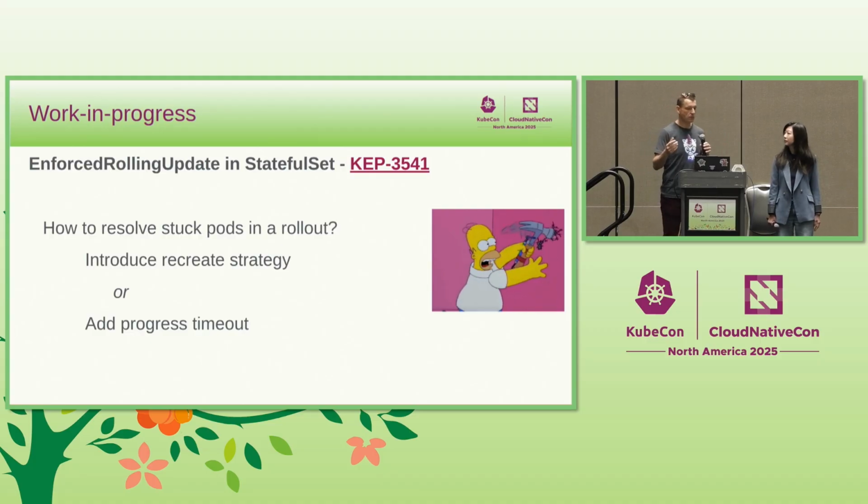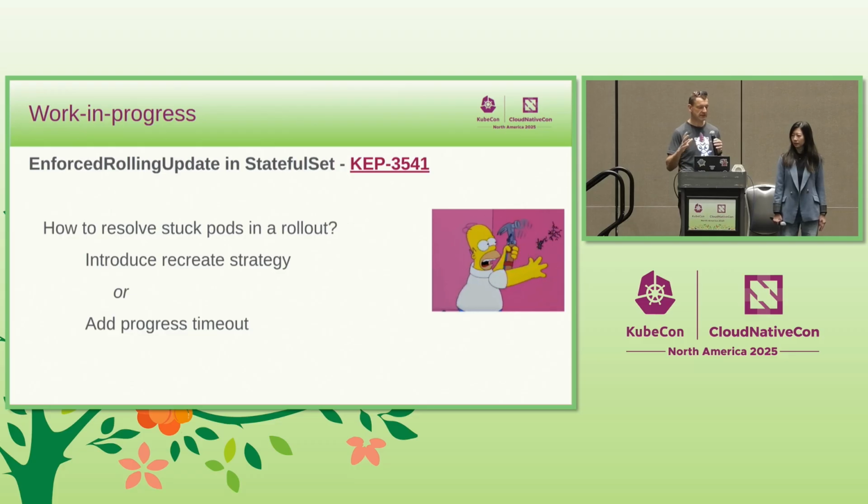One of the main reasons behind the stateful sets was we wanted to ensure that the data is always secure, because stateful sets at the core were basically designed to ensure data safety. But sadly, the downside is that if your stateful set gets stuck during the rollout, you have to manually intervene and fix the situation.